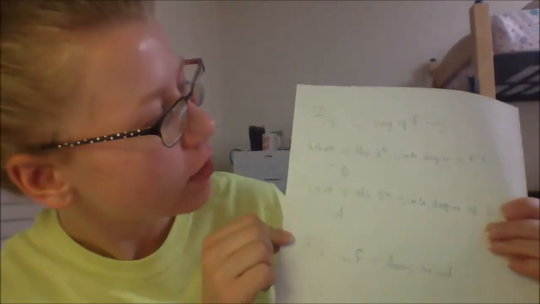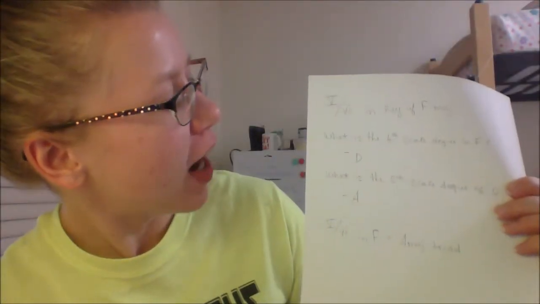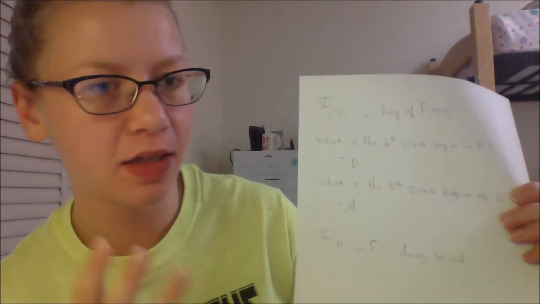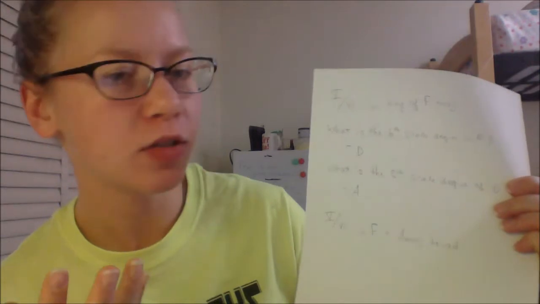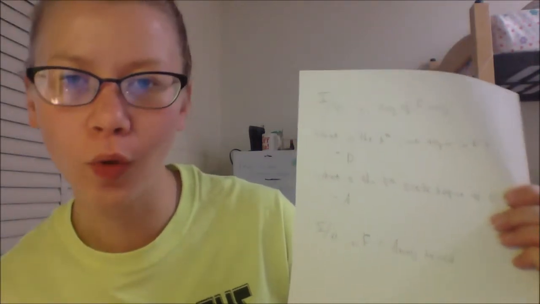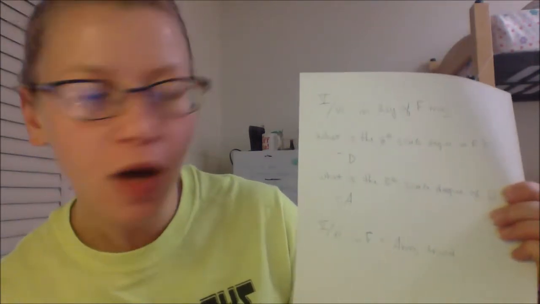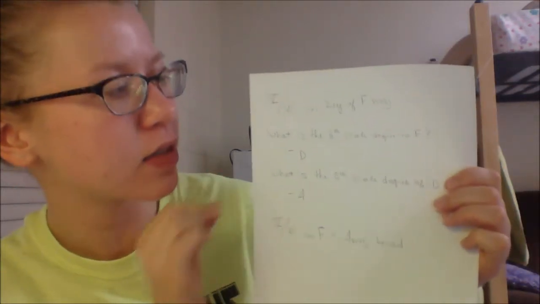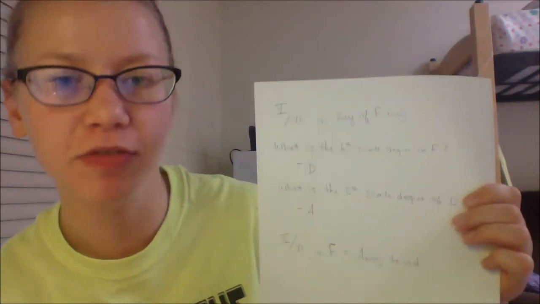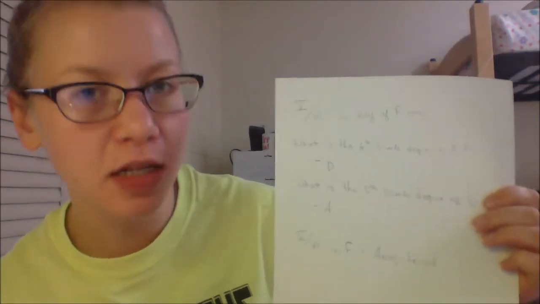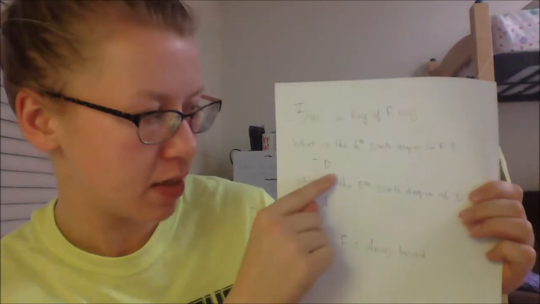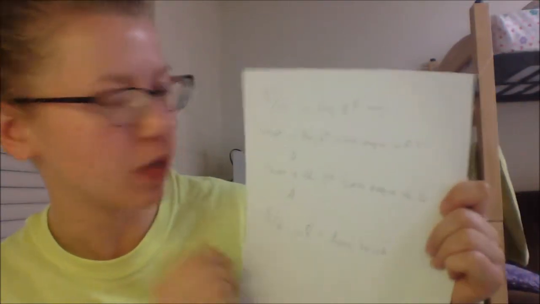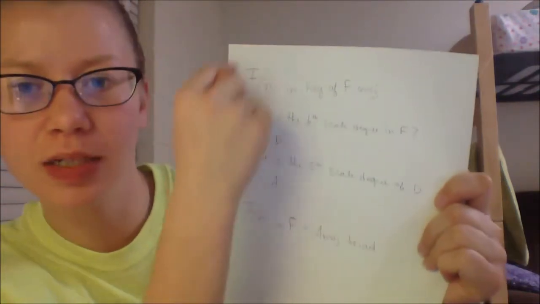So we have a 5 of 6 chord in the key of F major. In order to figure out what chord this would be, the first question I ask myself is, what is the 6th scale degree in F major? The 6th scale degree in F major is D. Then I think to myself, okay, because of the 6, we've got to deal with the 5.